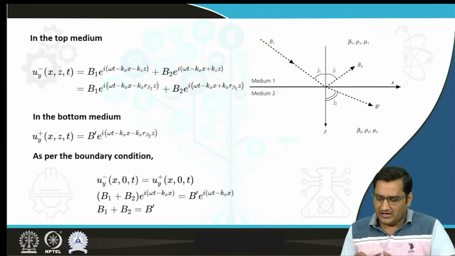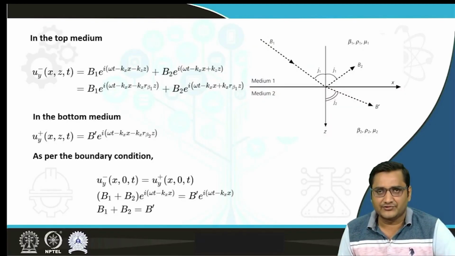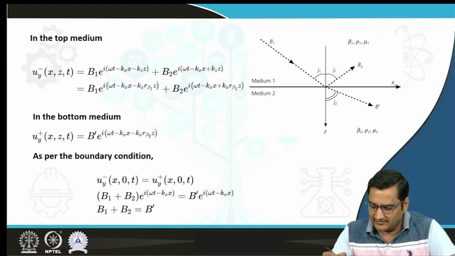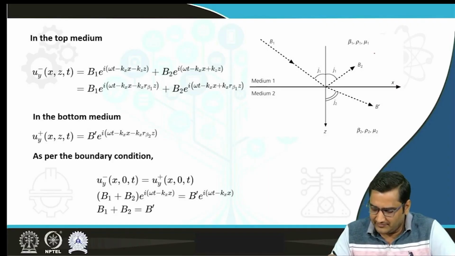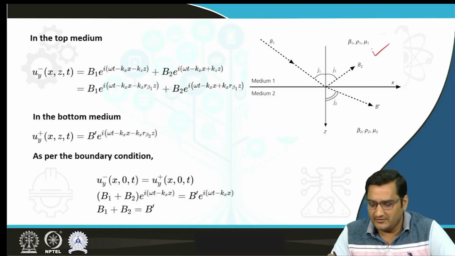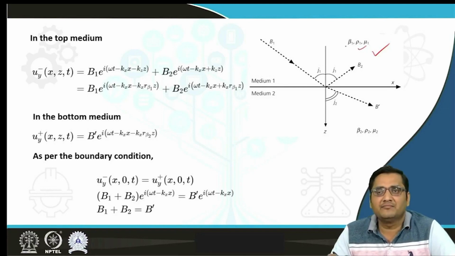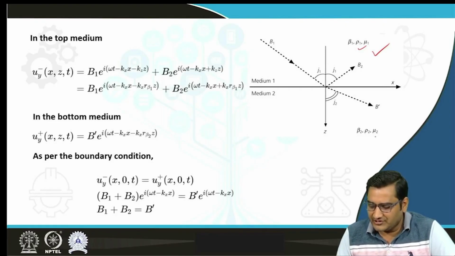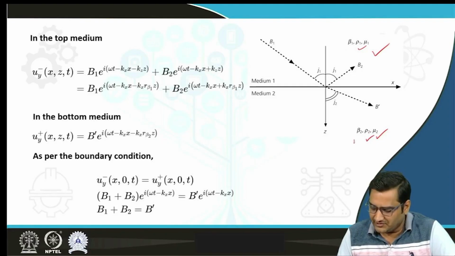So now look at that geometry we have just seen. In this geometry the similar things are there. The medium 1 is having the parameters mu1, rho1 and beta 1. Mu is the shear modulus, rho is the density of the medium, and beta 1 is the velocity of the shear wave in medium 1. And in medium 2 the shear modulus is mu2, the density of medium 2 is rho2, and the velocity of shear wave in medium 2 is beta 2.